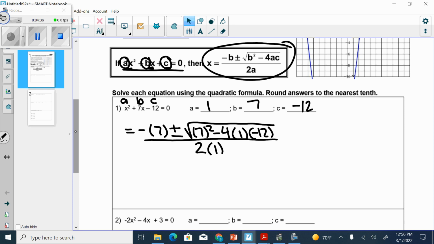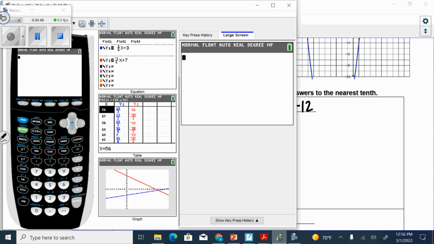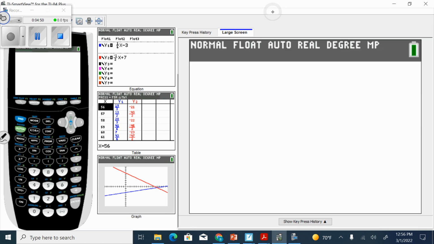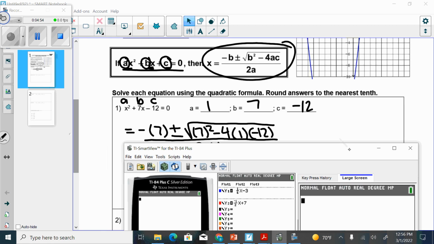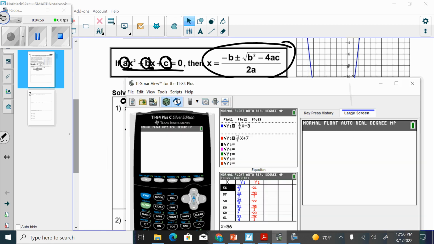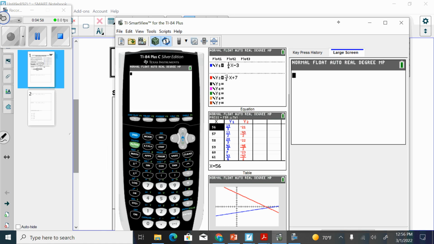Okay? So what we need to do first is simplify all this mess that we have underneath our radical. Okay? So what I'm going to do is in my calculator, I'm going to type the stuff underneath the radical. Okay? So only the stuff underneath it. So for us, that's 7 squared. So I type in parentheses, put your 7. Make sure you put that number in parentheses, squared.